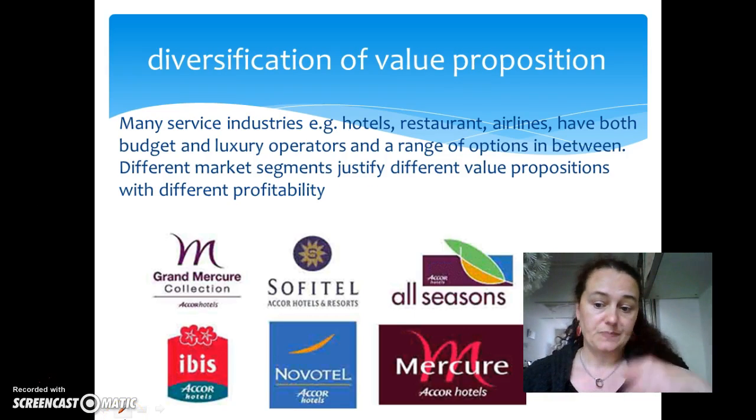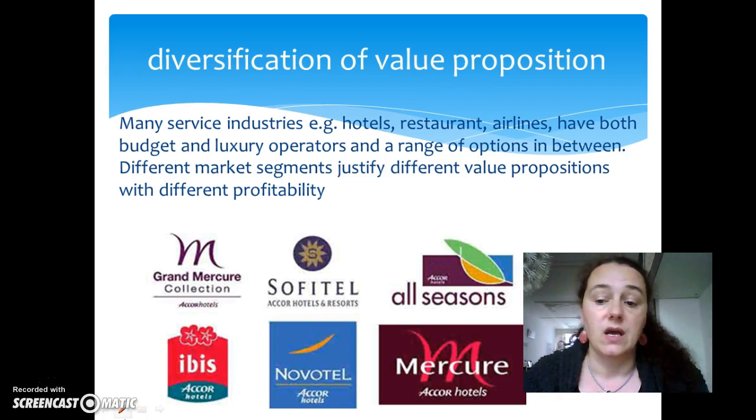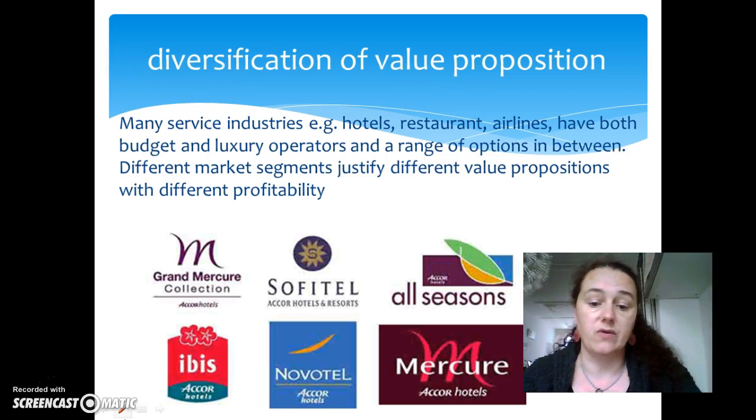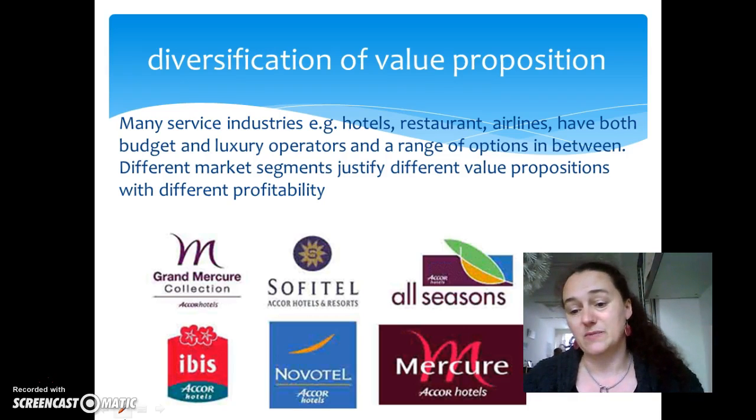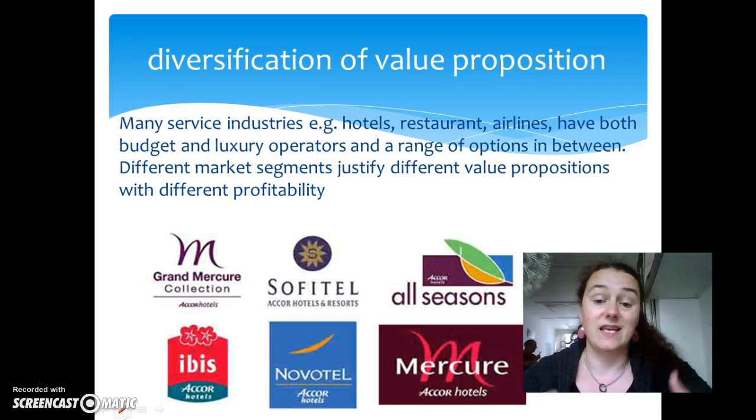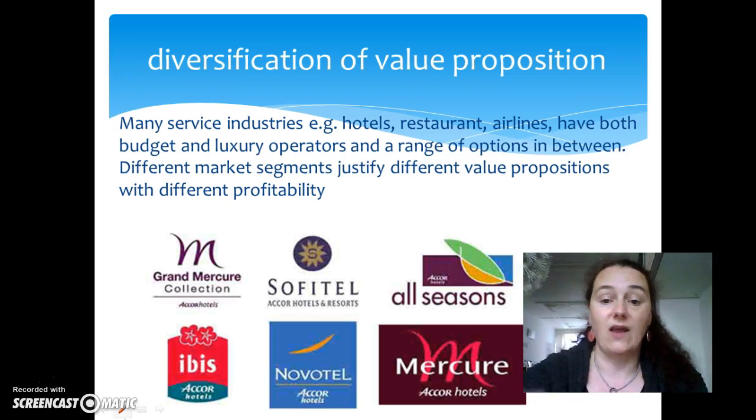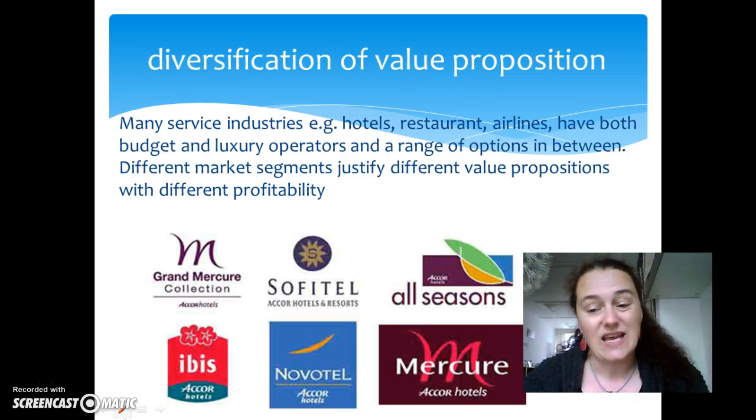Now, in general, there is space for diversification in the value proposition. So if you look at the Accor hotel group, they have all different types of hotels. The value proposition, the sense of luxury that they offer there is different, and then the cost associated with delivering that value proposition is different.